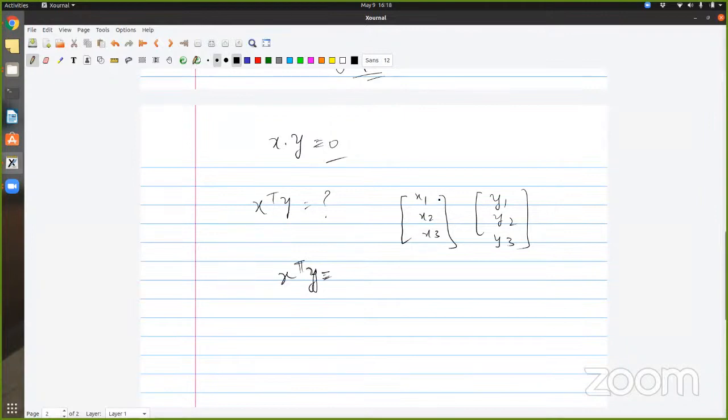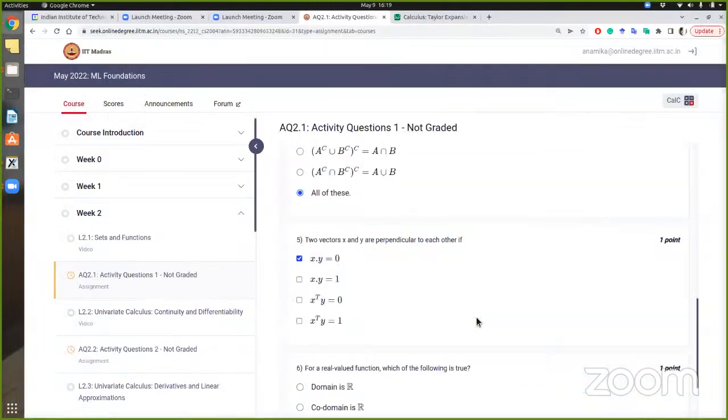When you take the transpose of this one and then multiply it with y, what you get is x1 y1 plus x2 y2 plus x3 y3. And this is also your dot product, correct? This is the alternate representation of the dot product as well. So x transpose y should also be equal to 0 if two vectors x and y are perpendicular to each other. Okay.